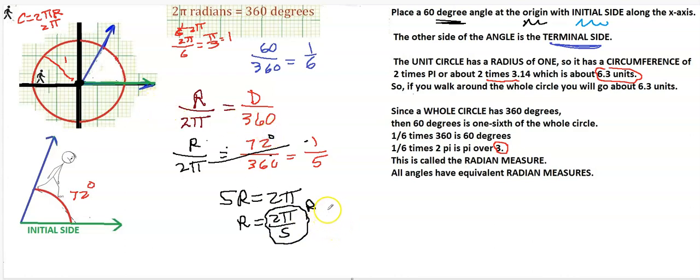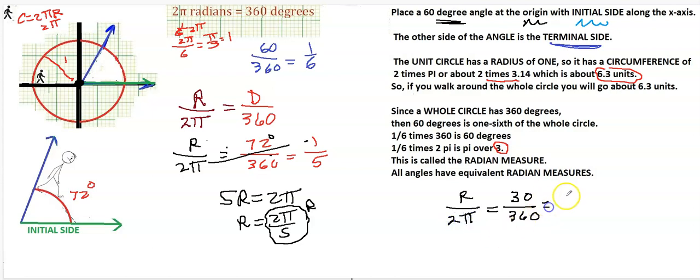So we can do any angle you want. Let's just take one more. How about 30 degrees? You compare 30 degrees to 360, and you compare my unknown radian walk along the arc to the whole circle.